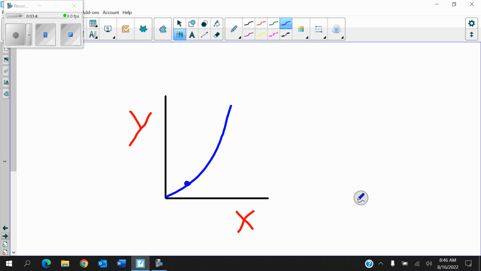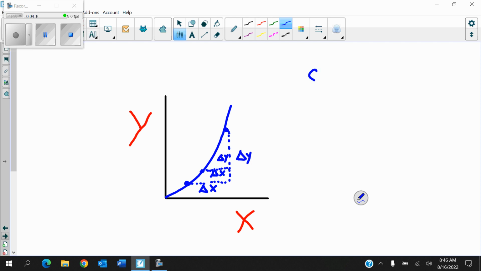So if I pick 2 points, here's my change in x. That is my change in y. Okay. But as you can see, if I move this point up here, the slope will change because the change in x will change, the change in y will change.